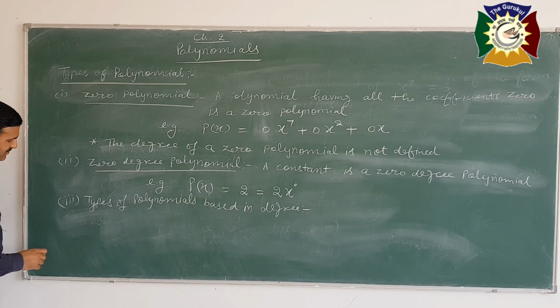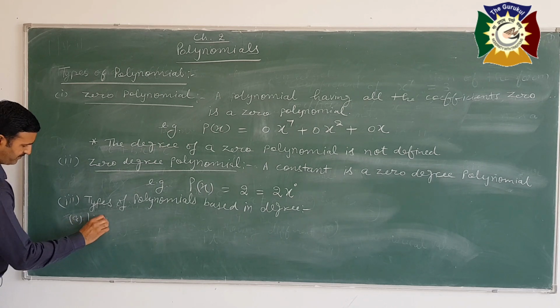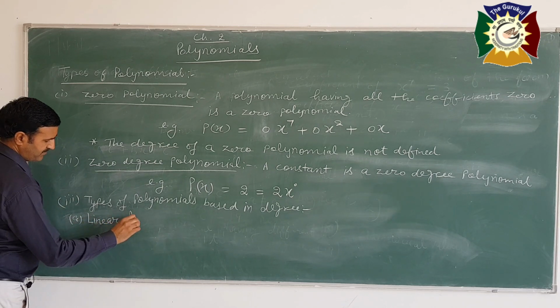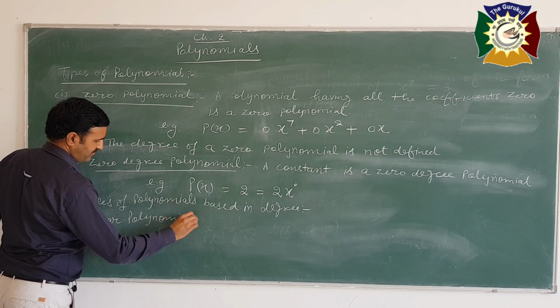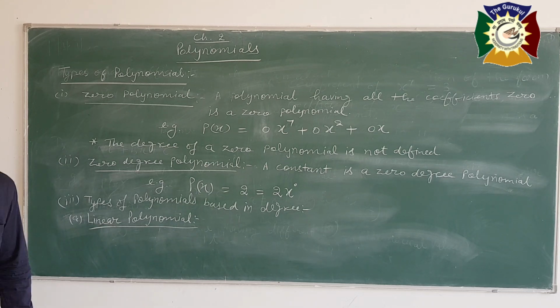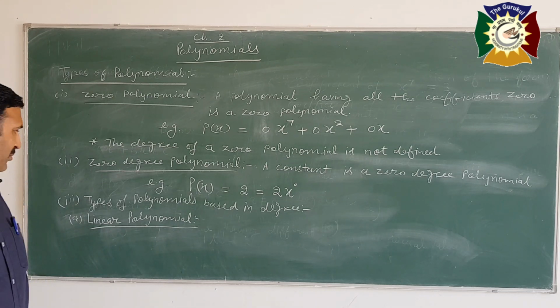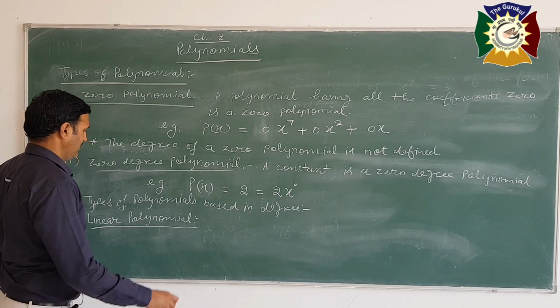The first one in this is linear polynomial. What is a linear polynomial? A linear polynomial is that polynomial whose degree is 1.